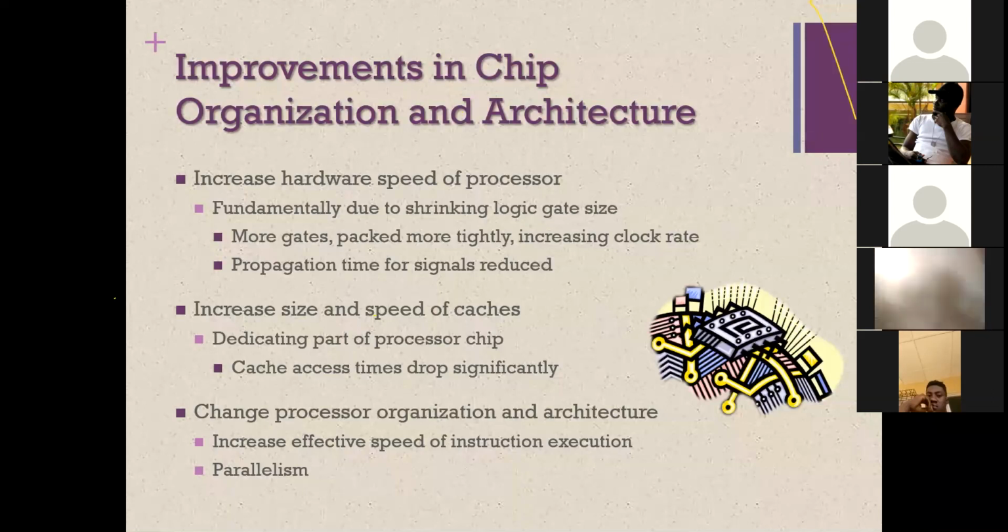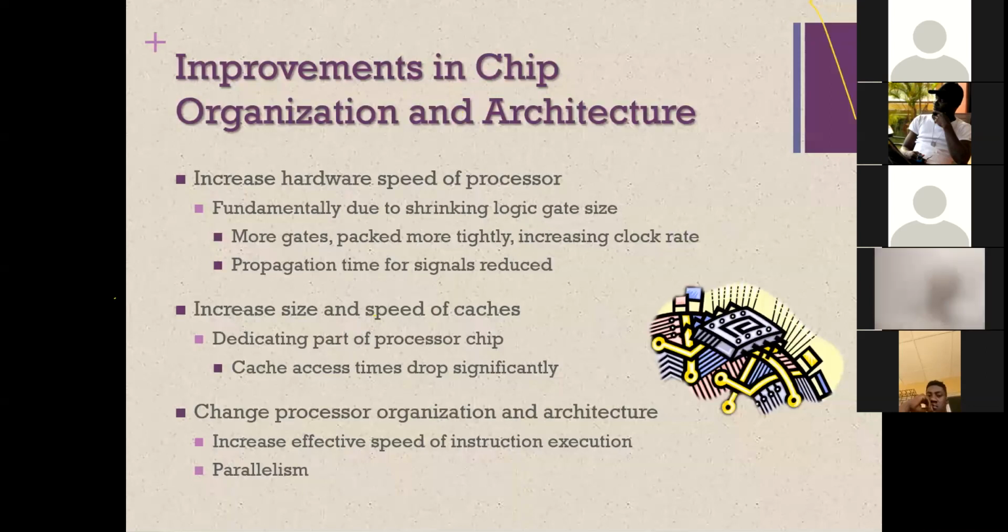And there are three approaches to achieving this increased speed.